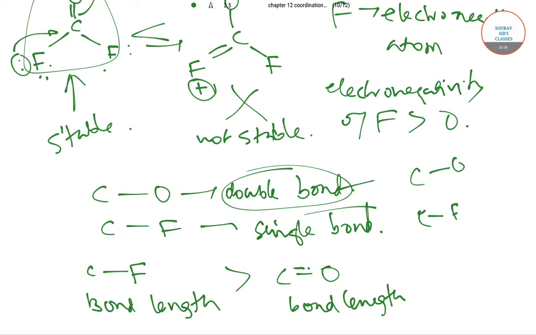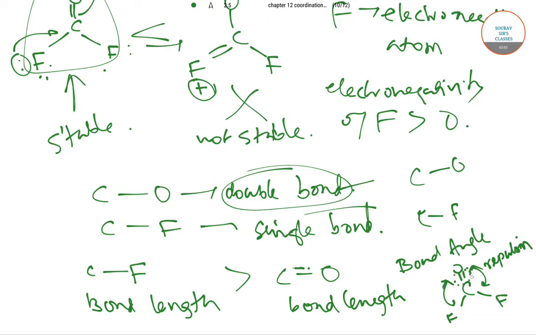So what we have is that the bond angle between C double bond O, C single bond F and single bond F is here. There is much more repulsion due to the presence of a double bond here.